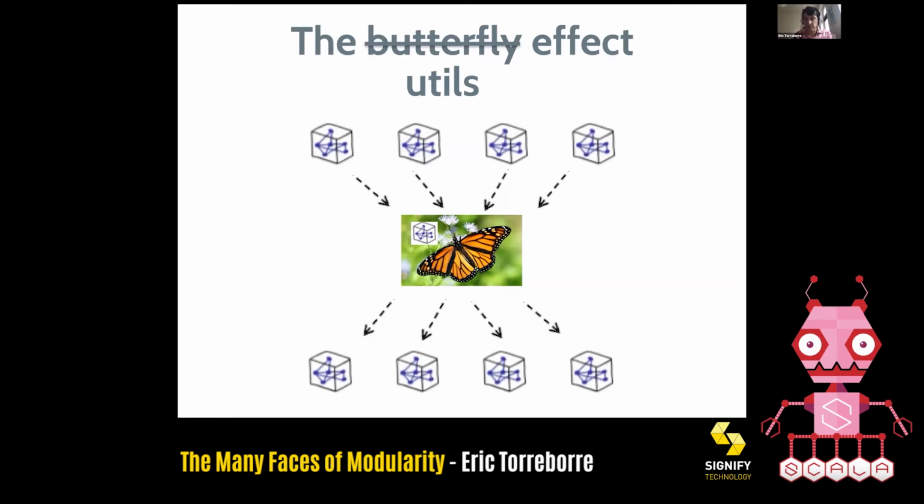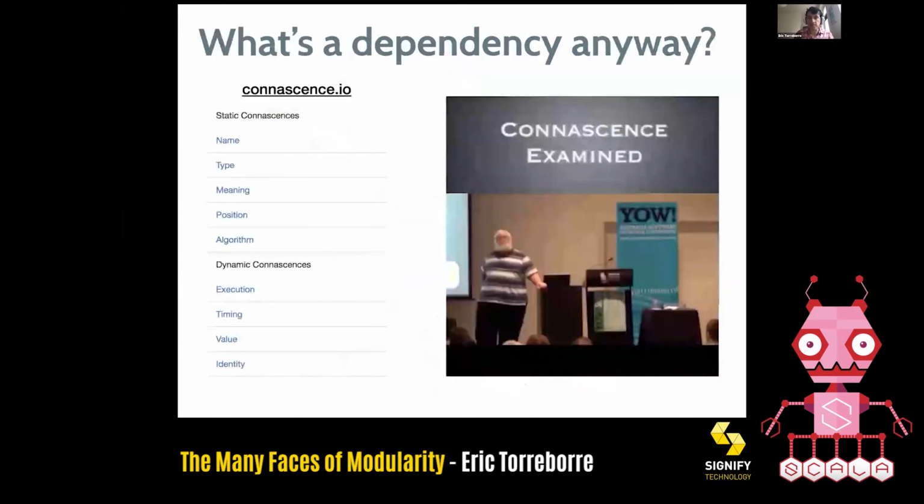I call this the butterfly effect because it's a bit like in a weather system. They say that because the weather is a very chaotic system, you can have a butterfly in Singapore flapping its wings, and then 3 days later you will have a tornado in Texas. So those components can play the role of butterflies. And the hard part about finding out the good components and dependencies is avoiding those kinds of butterfly components.